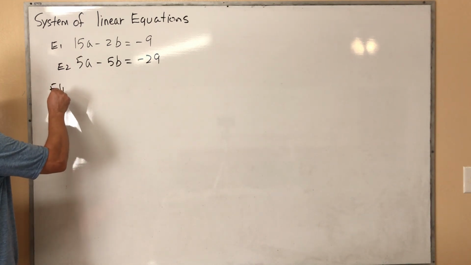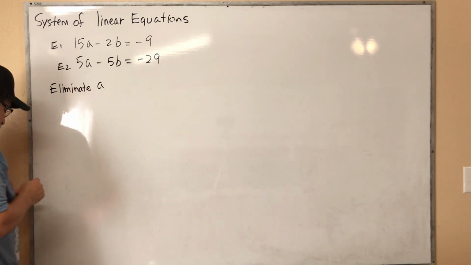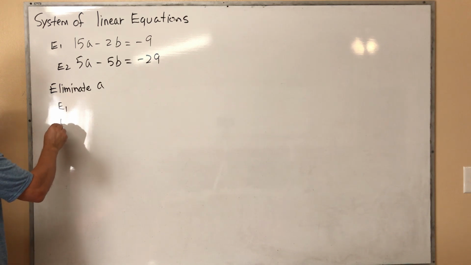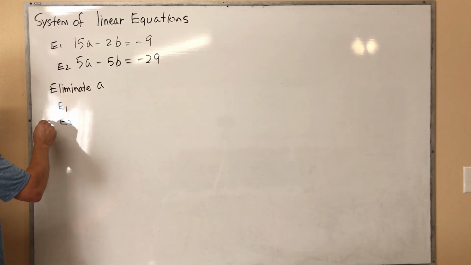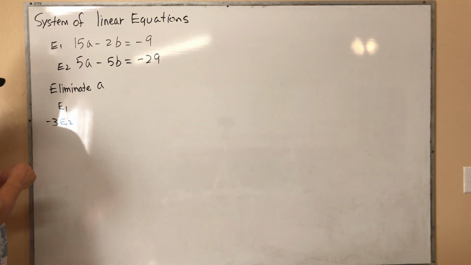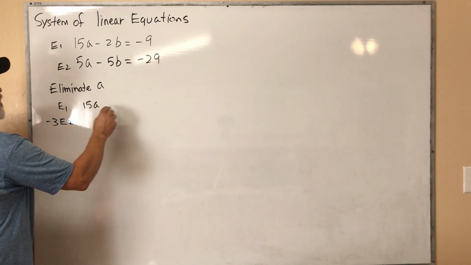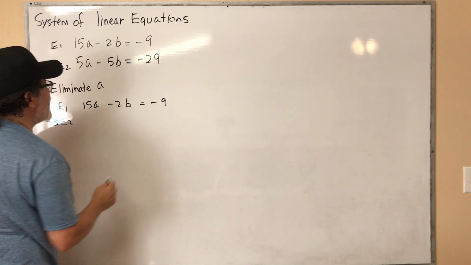Eliminate a. Okay, no problem. Equation 1 and equation 2. I'm going to multiply equation 2 by -3. Equation 1 is going to stay the same, so equation 1 is 15a minus 2b equals negative 9.